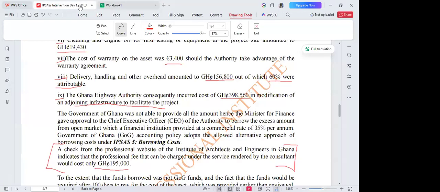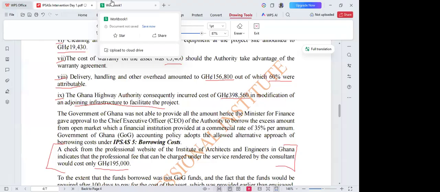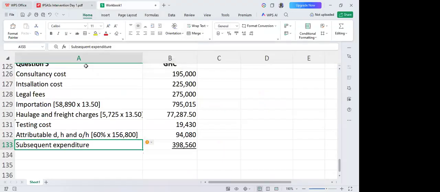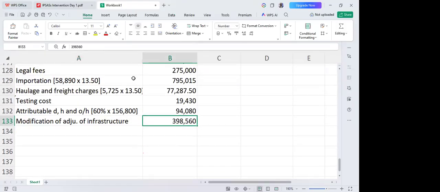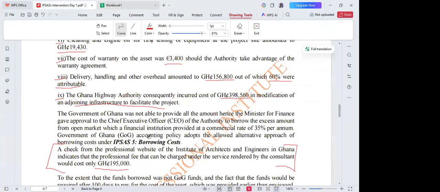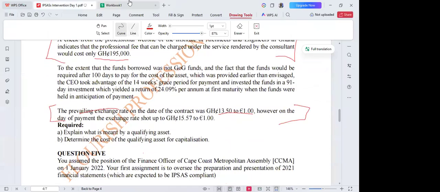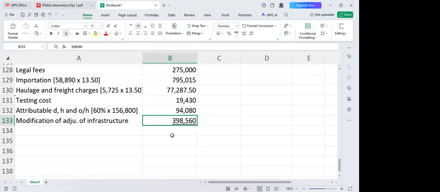Let me write the actual name: modification of adjournments of infrastructure. Okay. Is that all? I think that was all. We sum them together.